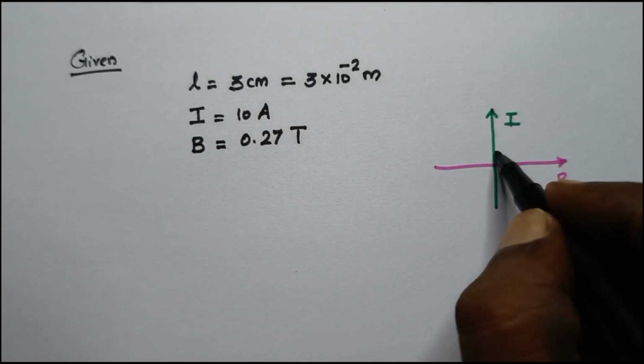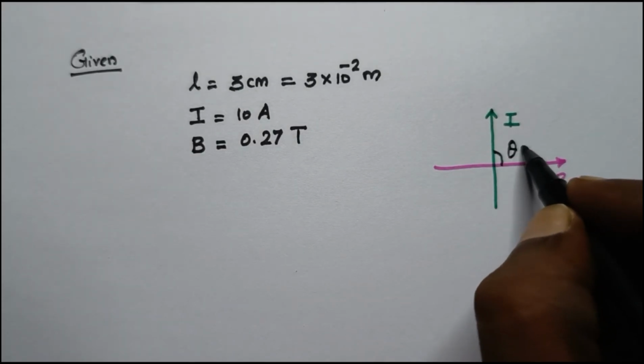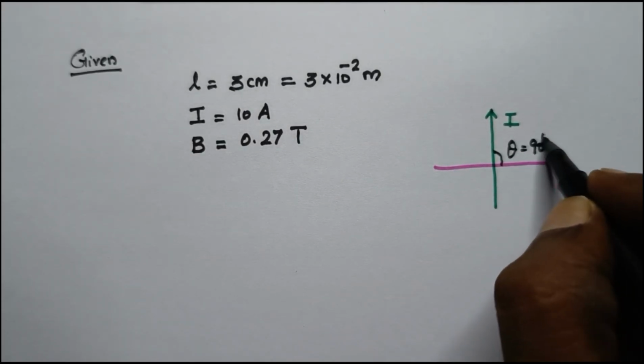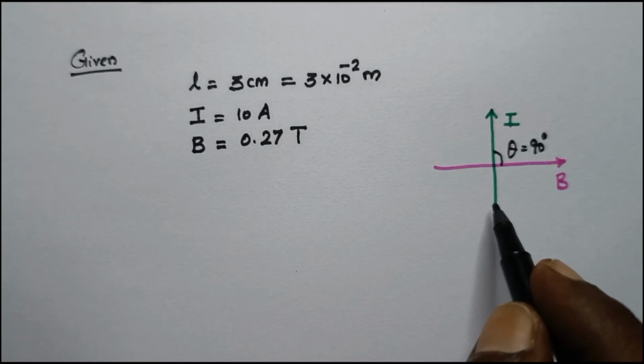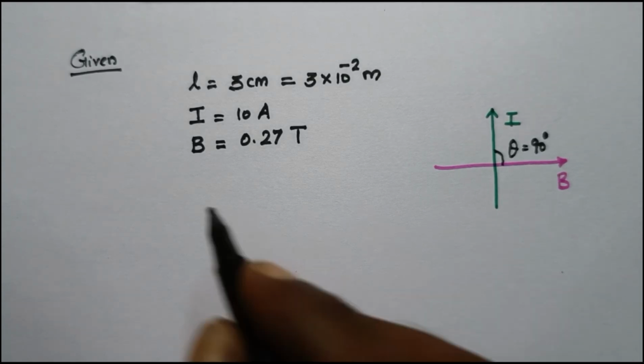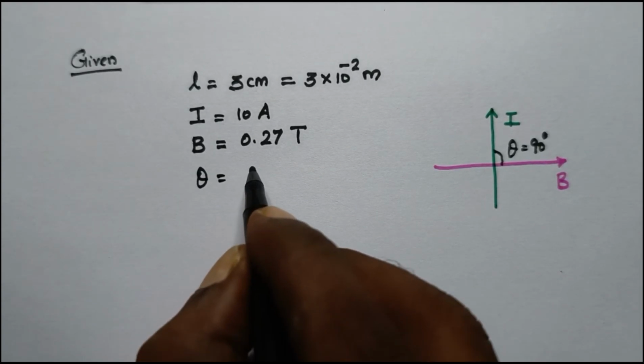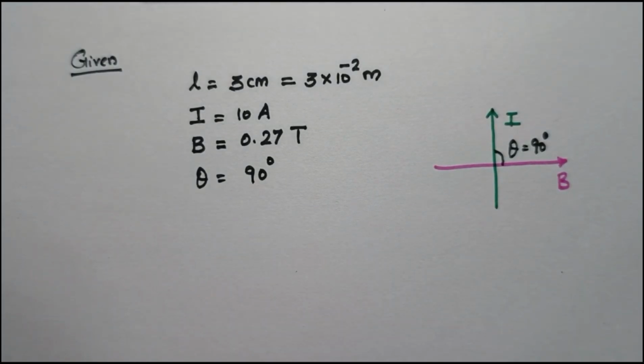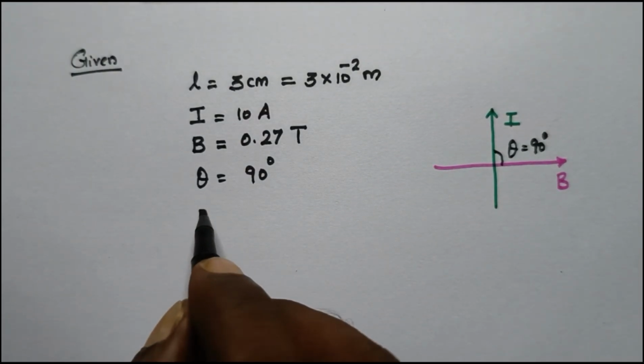Since they are perpendicular to each other, the angle theta is equal to 90 degree. Wire is placed perpendicular to the axis of the solenoid, which means that it is placed perpendicular to the direction of the magnetic field. Therefore, theta is equal to 90 degree. What is asked? We have to find the magnetic force F.